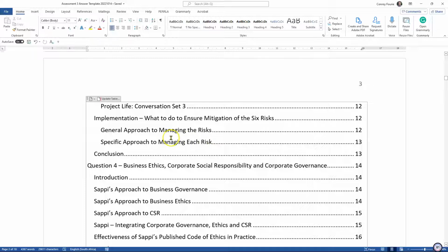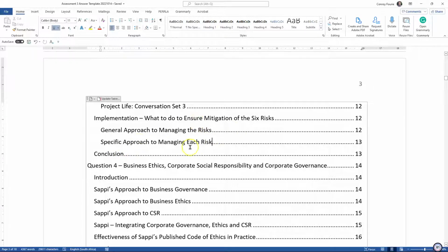So maybe an overall approach to managing risk would be, as an example, to have excellent communication with all stakeholders. It might be an overall way to manage it. There may be other elements that you want to put in there, but it gives you an idea. And then specific approaches to managing a risk: if finances is a specific risk, you would keep close to the finance department and manage the budget quite closely.